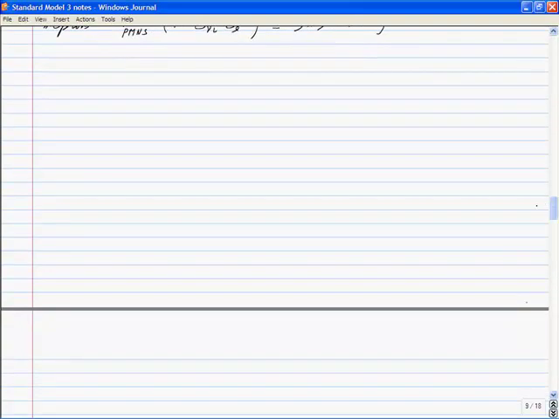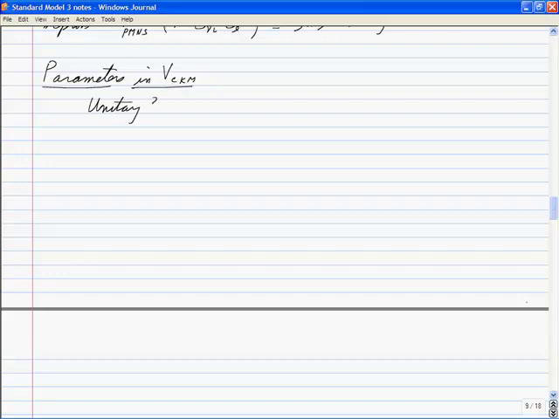Let's quickly do the parameter counting. So it's unitary 3 by 3.